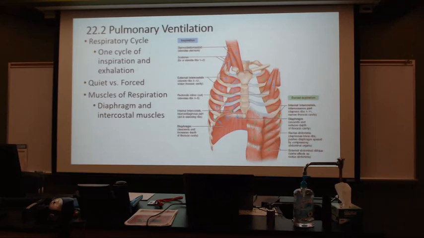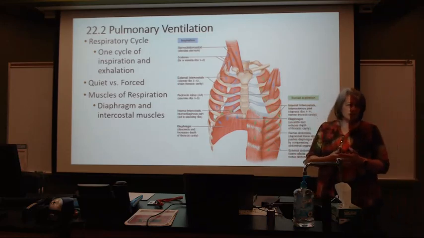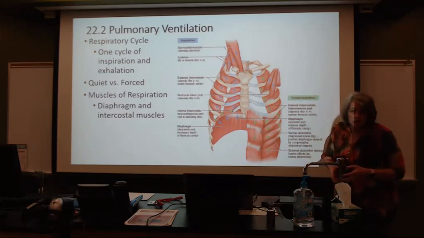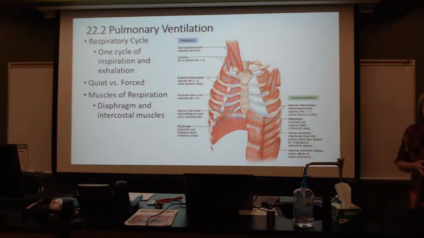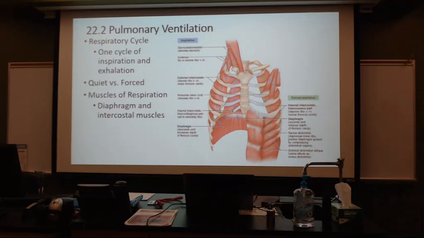So we usually say that we can have quiet ventilation, forced ventilation. These are actual terms that you will hear in the medical field. The movement of air is dependent on a lot of factors. We're going to find, like I said earlier, we have external pressures, we have internal pressures, we have nerve stimulation.